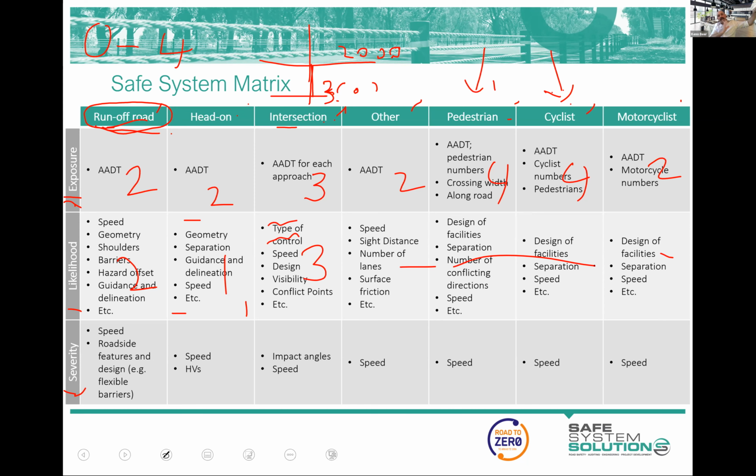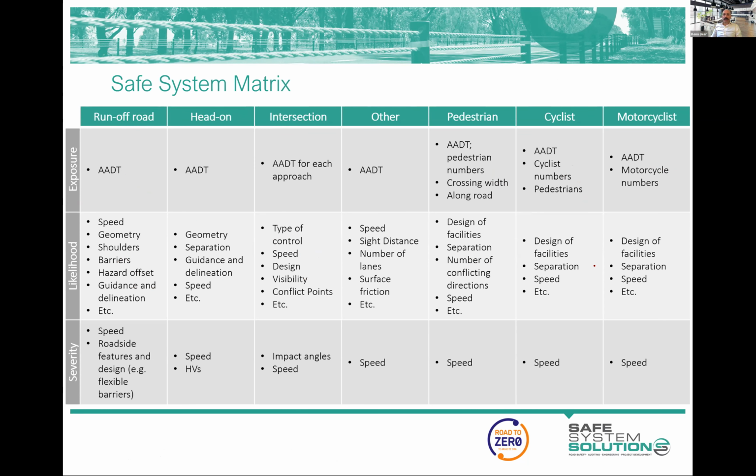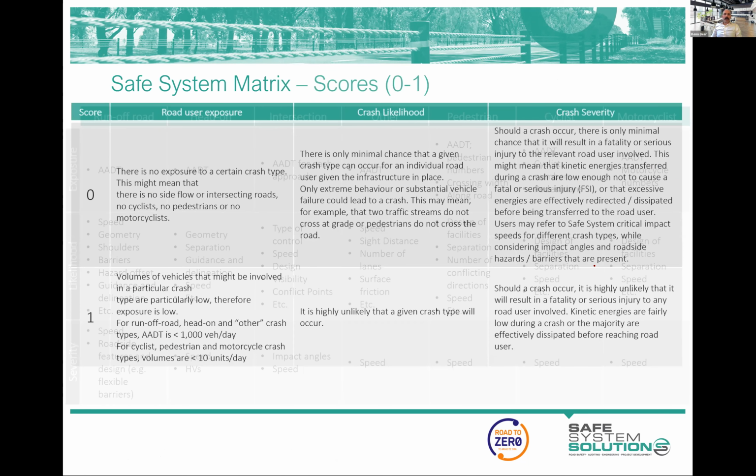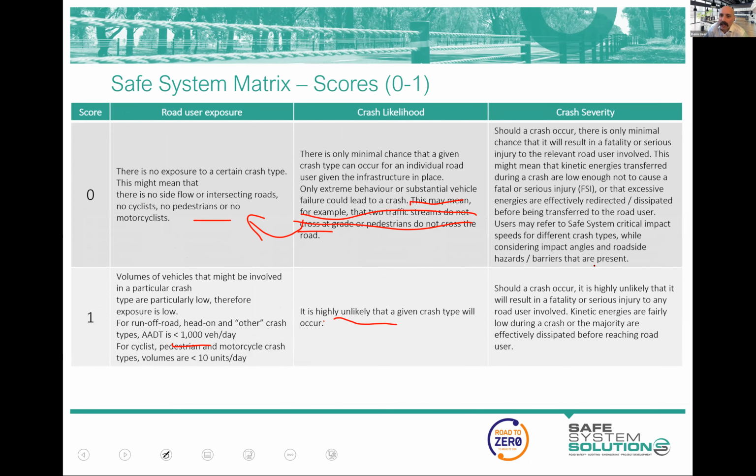Then you put aside the exposure and the likelihood, and you simply look at, now a crash is happening. How bad is it going to be? You go over to your severity, and it says, should a crash occur? So this would be a 0. Should a crash occur, there is only minimal chance it will result in fatality or serious injury to the relevant road users involved.